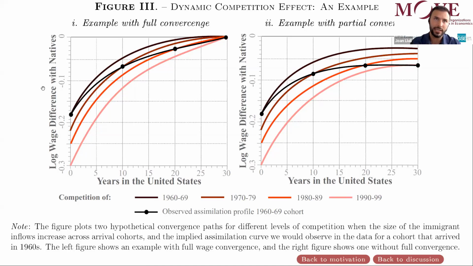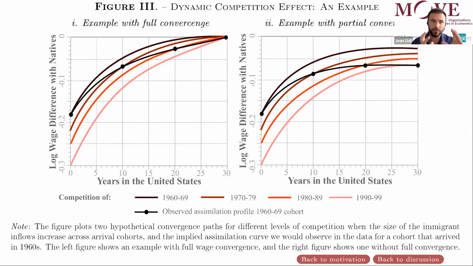We observe that this individual arrives here in this first dot, and he's in the first level of competition. After 10 years in the US, this is the level of competition. So he's now in this curve, not in the original one. And 10 years after, he's in this curve. So as you can see, this dynamic effect tends to reduce the speed of assimilation of immigrants, as long as, of course, the sizes of immigrant cohorts keep increasing over time as they did in the data.